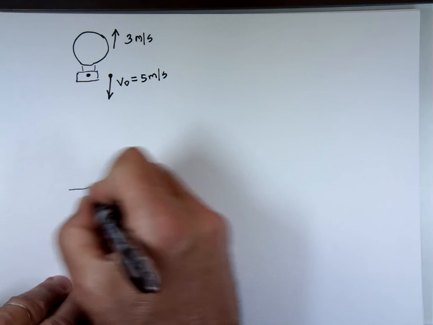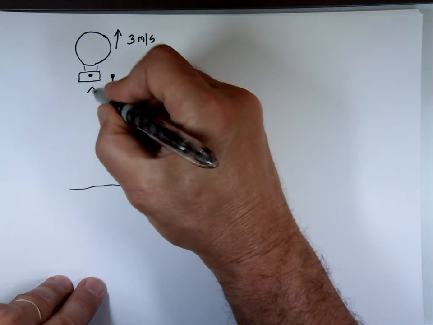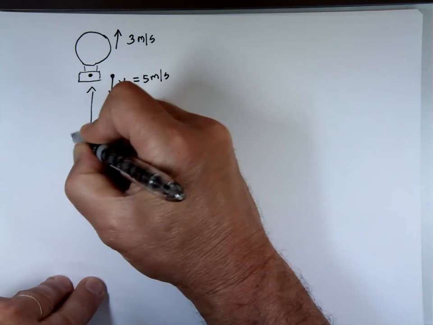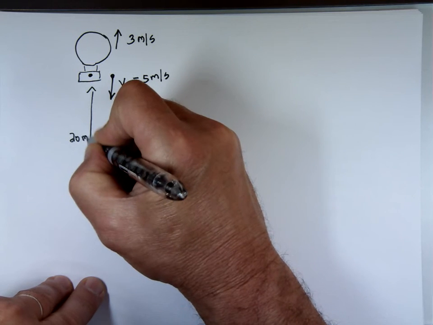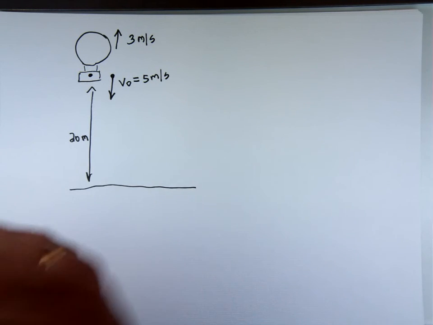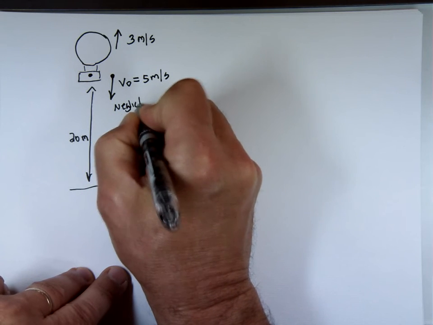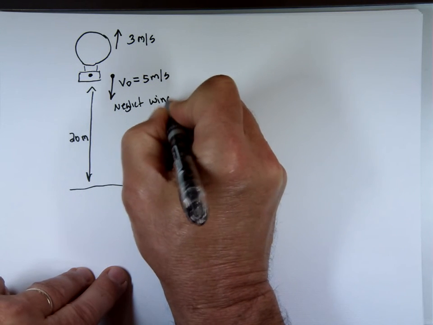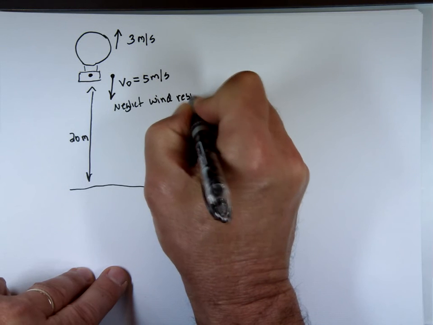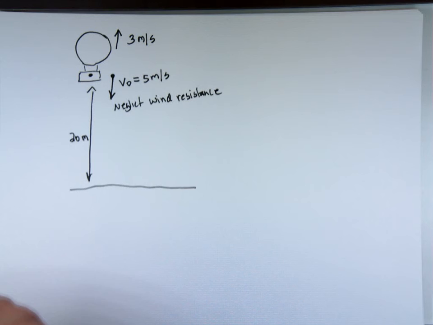Let's say the initial height of the balloon was, I don't know, 20 meters. The hat definitely will feel the wind resistance, but we're going to neglect that. So neglect the wind resistance. If you neglect that, that's definitely free fall.